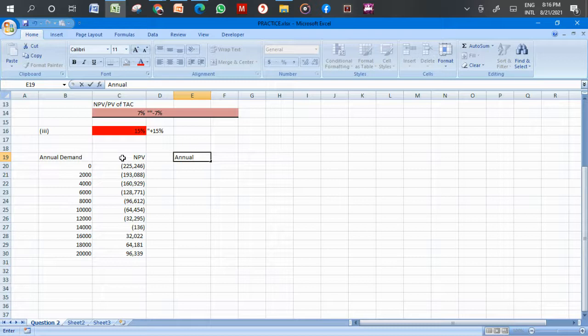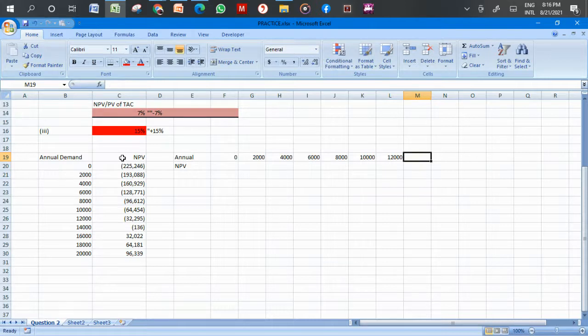Let me try horizontal one, then NPV. So we said 0, then 2,000, 4,000, 6,000, 8,000, 10,000, 12,000, 14,000, 16,000, 18,000, 20,000.